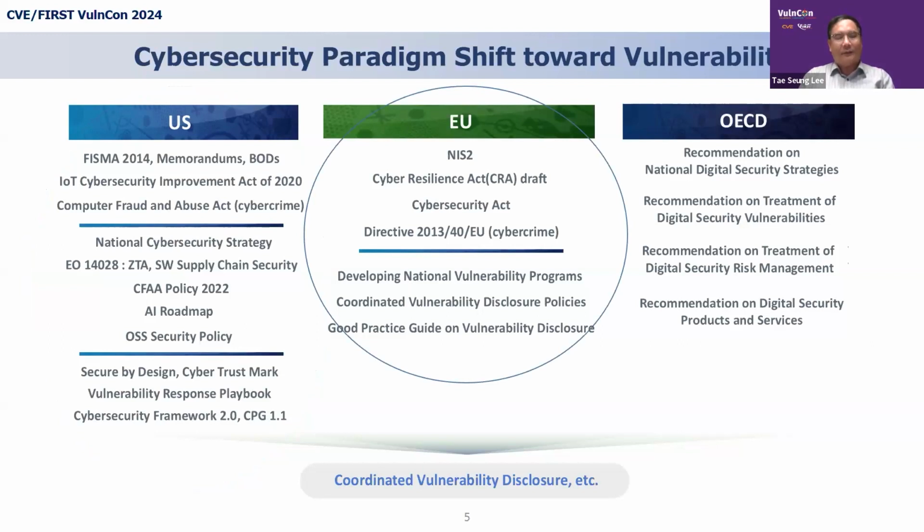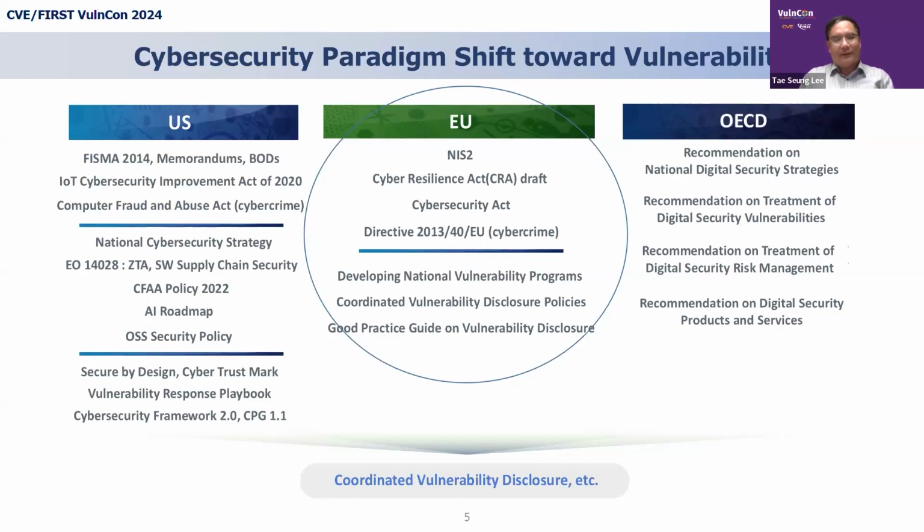And the Article 12 of NIS2 requires each EU member state to designate one of its CSIRTs as the coordinator for CVD. The Cyber Resilience Act, scheduled to be enacted this year, requires digital product manufacturers to implement CVD.